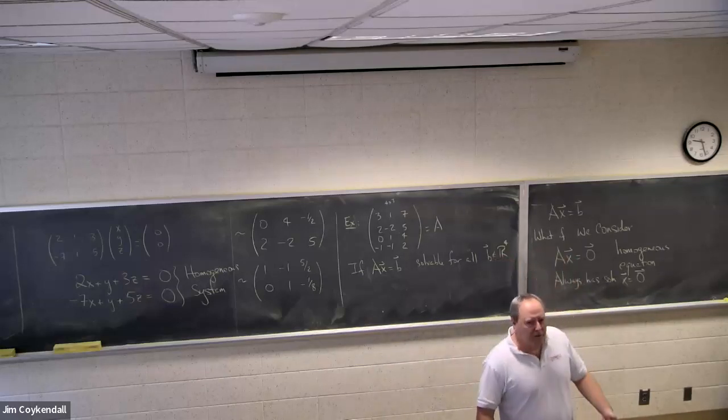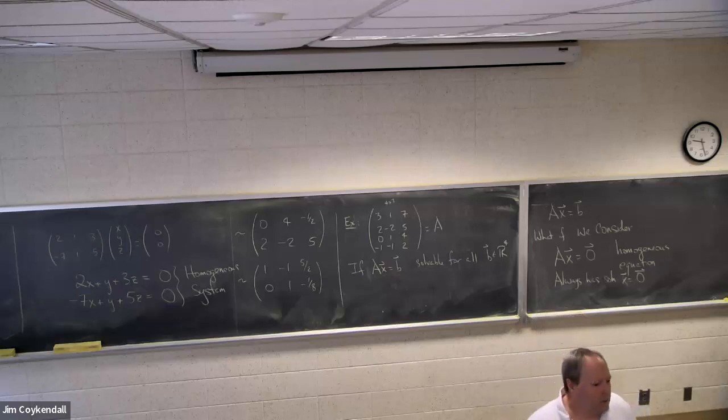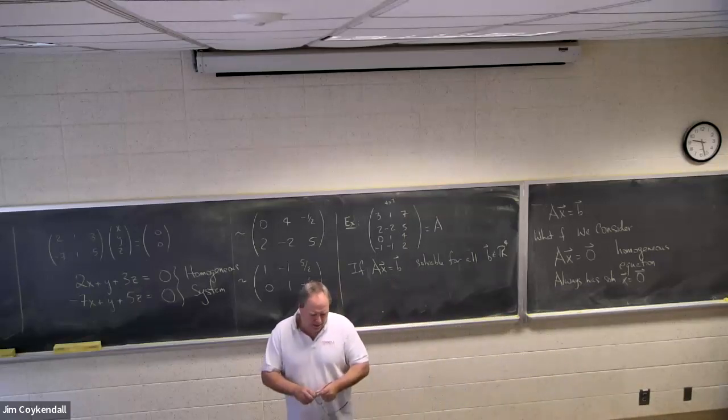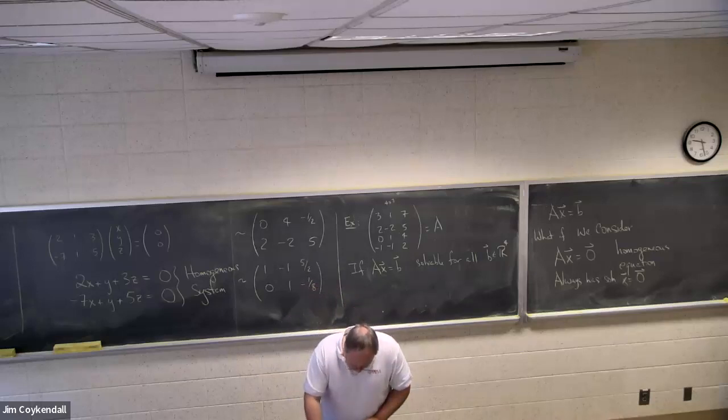So what's the big question for homogeneous systems or a homogeneous matrix equation? You've got the one solution, so you're never going to be inconsistent. Your only question is, do you have one or do you have infinitely many? We've actually done this a little bit, but I don't think practice is going to hurt anything.